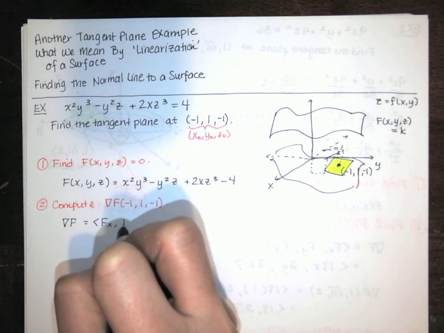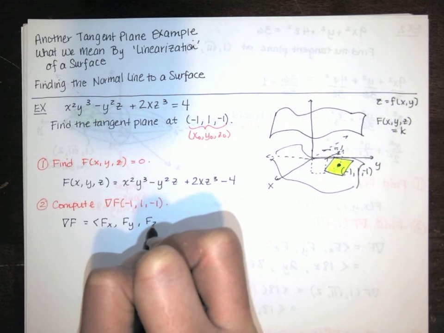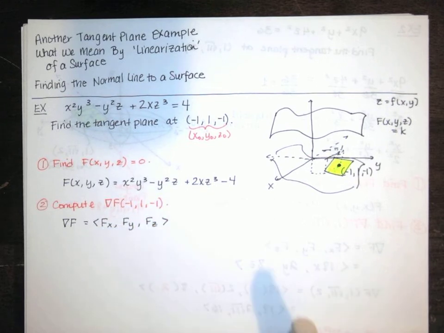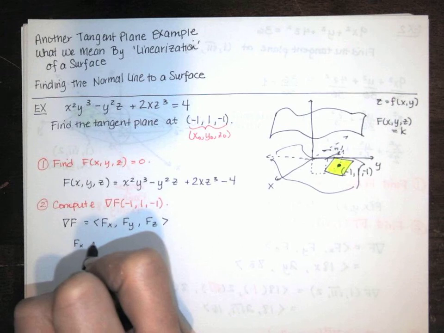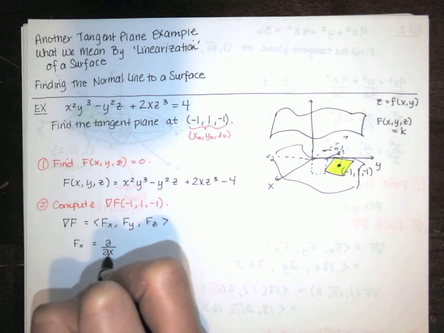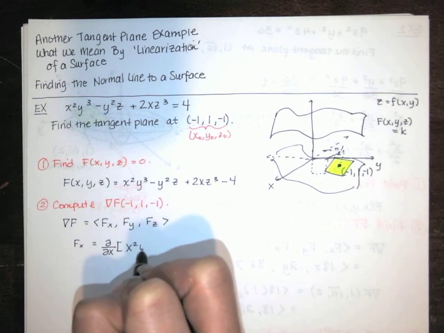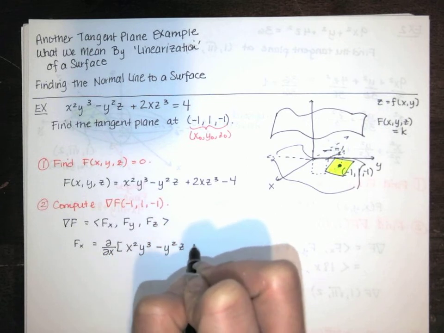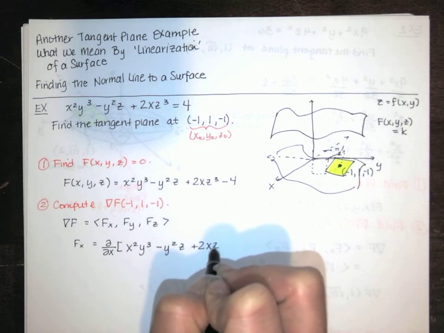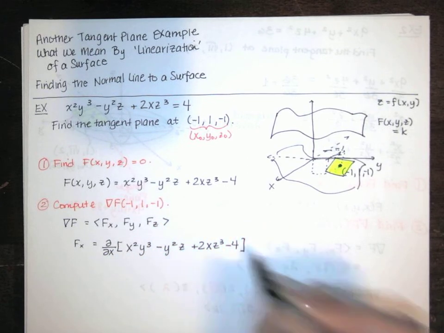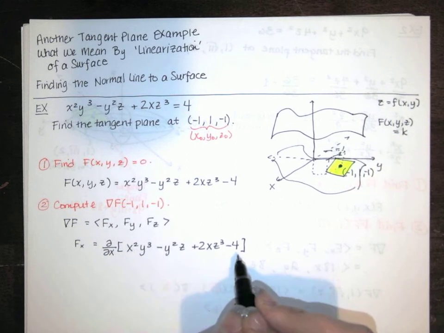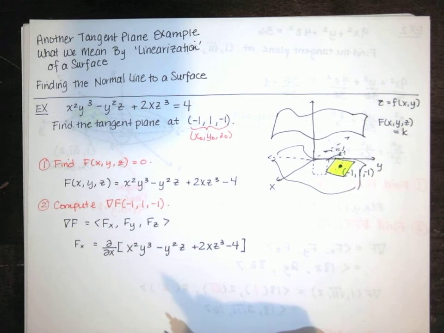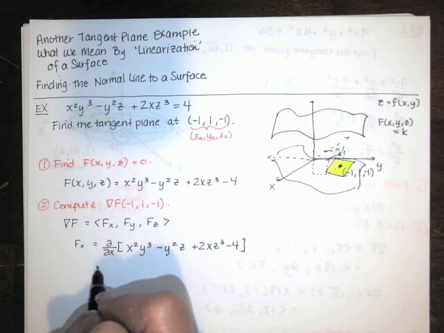So we know the gradient is just the vector of first partials. It's a function of three variables, so we've got three components. So we just need to find those first partial derivatives. We've got x squared y cubed minus y squared z plus 2xz cubed minus 4, and I want to take the derivative of this with respect to x, treating y and z as constants.